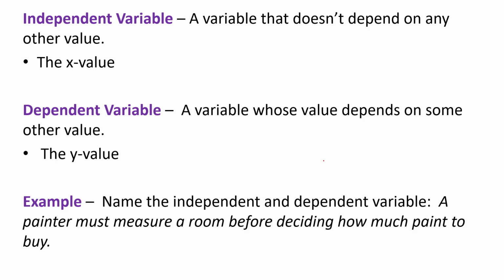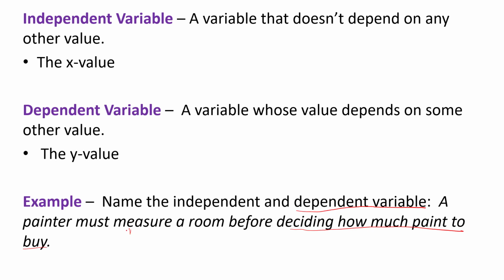All right, welcome back. So I always like to start with the dependent variable because I like to ask myself which variable requires something else. A painter must measure a room before deciding how much paint to buy. In order for me to know how much paint I'm going to buy, I need to know something else.